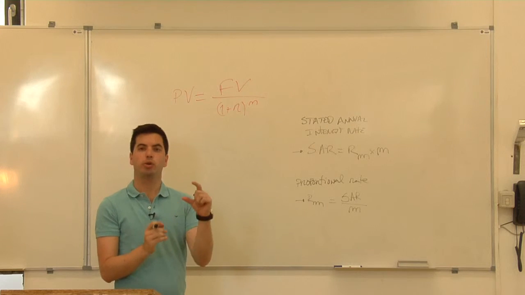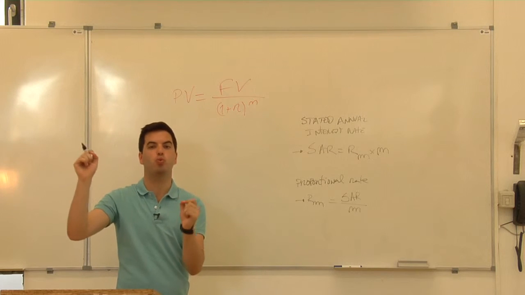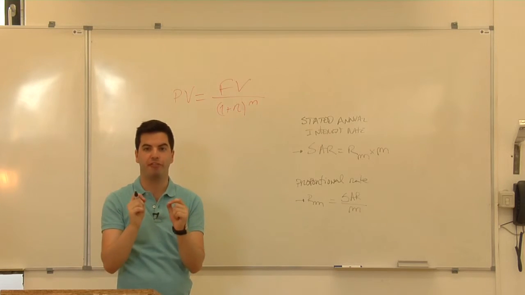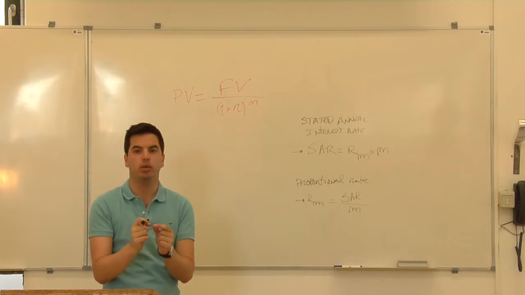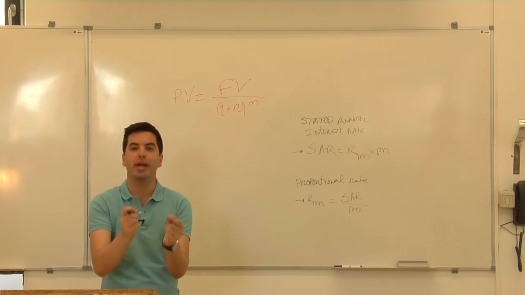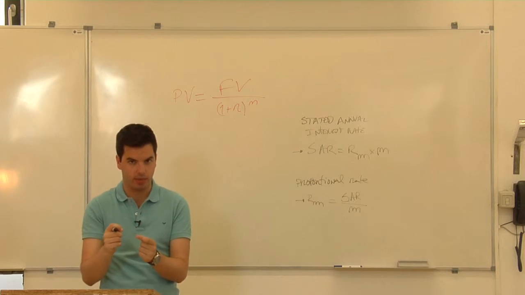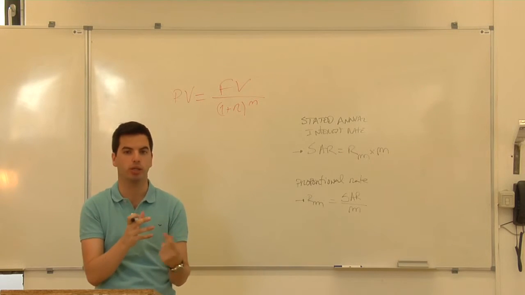But here we are looking at the relationship between different periods without taking into account the compounding effect. We are just looking at the simple interest. But actually, when you have an investment, most likely there will be a compounding effect. Let's see what happens and how the calculations change.